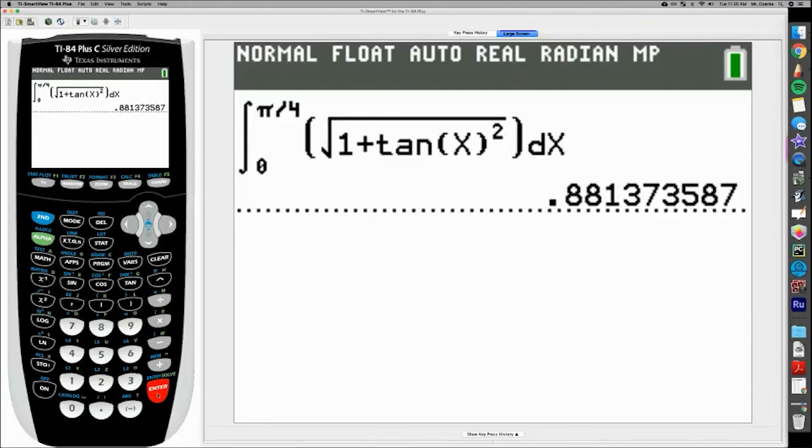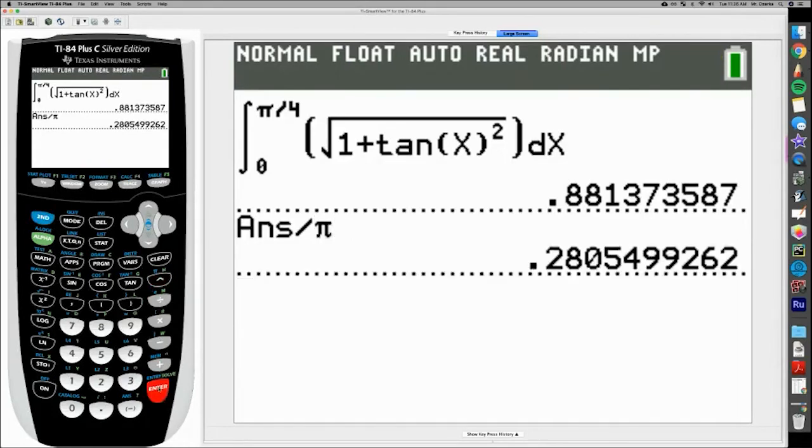You got something like that, 0.881. I don't know if that's divisible by pi. I doubt it. No.